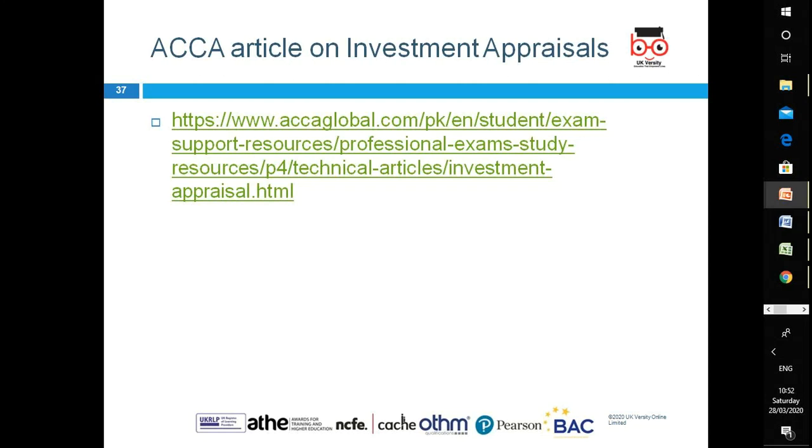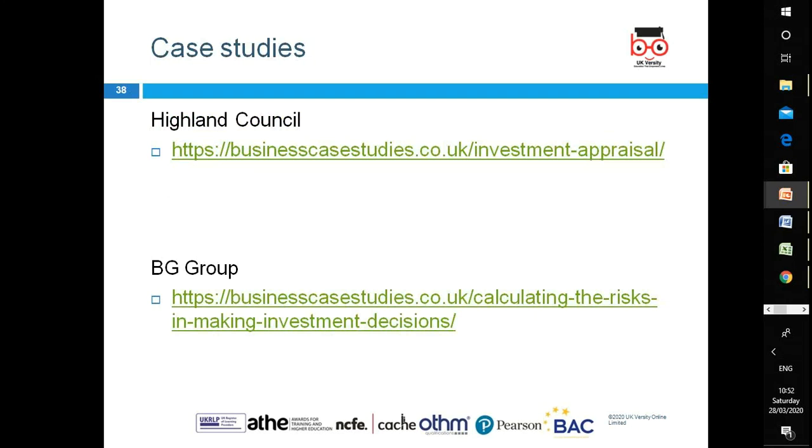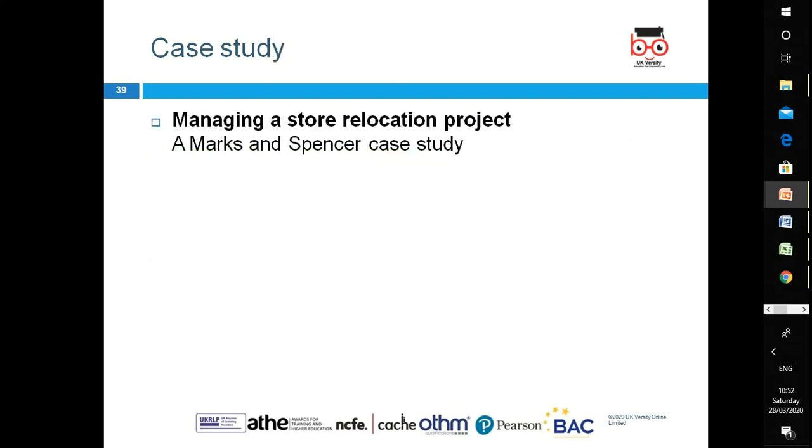Okay, I copied one article which is quite good, where there are various proposals as well. Yes, we can argue on the investment, and I copied a few case studies. One is BG Group, which is British Gas, and how they handled a new project. Another case study is managing a store relocation project, Marks and Spencer when they moved to Kendal, and why, and what sort of things they kept in mind, how they conducted investment appraisal for this store.